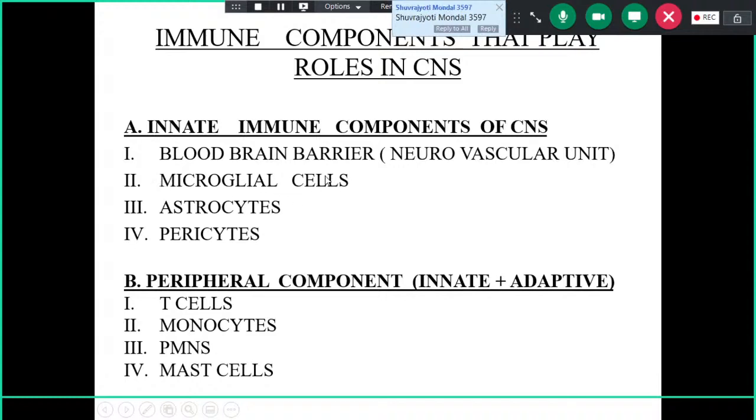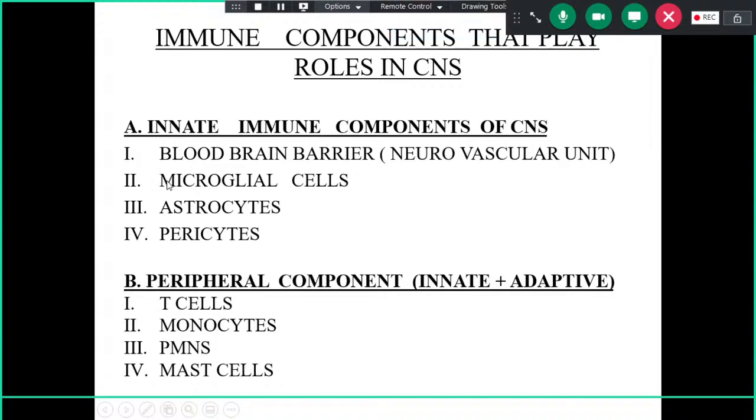That means these cells migrated from the mesoderm, the yolk sac mesoderm, and subsequently went to the CNS. The density of the microglial cell is extremely high inside the brain. Up to 8,000 microglial cells can be present per cubic millimeter of the brain tissue.